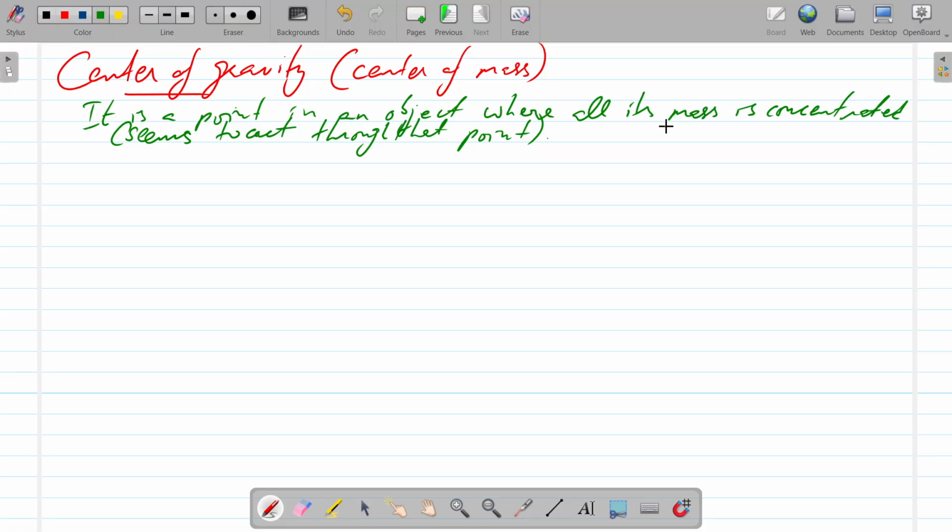And because we're talking about mass and gravity, so m into g equals w, weight. And so by extension, the center of gravity, center of mass is also the center of its weight.